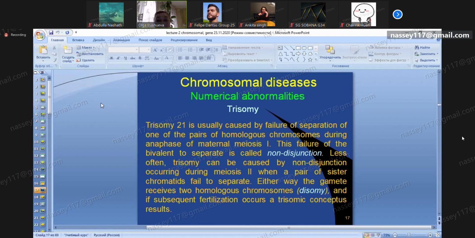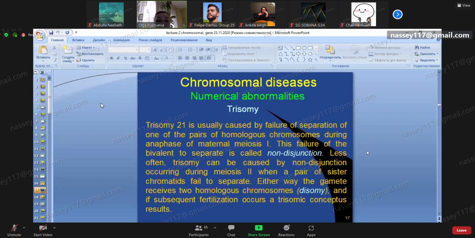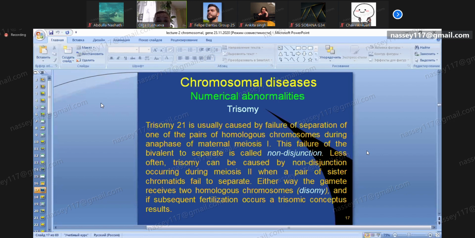Less often, trisomy can be caused by non-disjunction occurring during meiosis 2, when a pair of sister chromatids fail to separate. Either way, the gamete receives two homologous chromosomes, so-called disomy, and if subsequent fertilization occurs, a trisomic conceptus results.